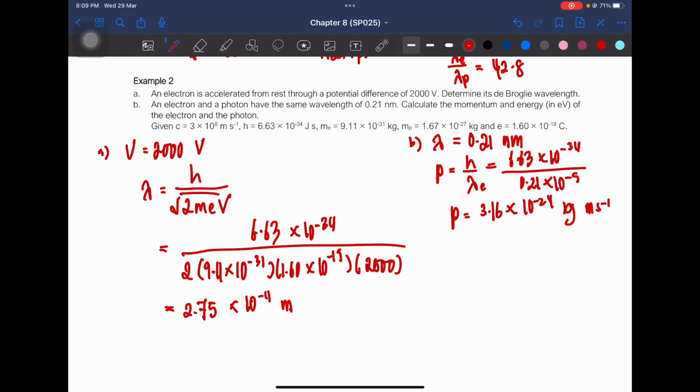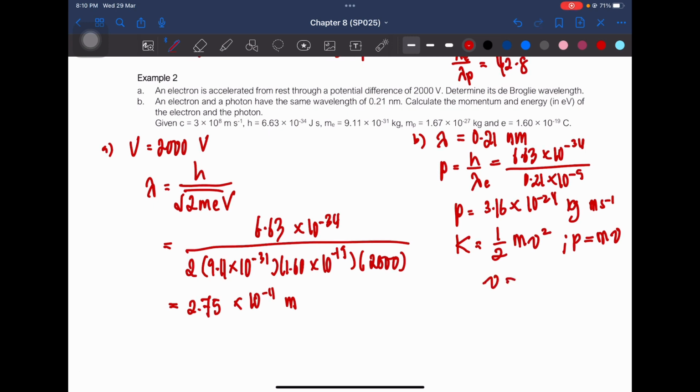And then the energy is just K equal to half m v squared. And we know that momentum is equal to m v.